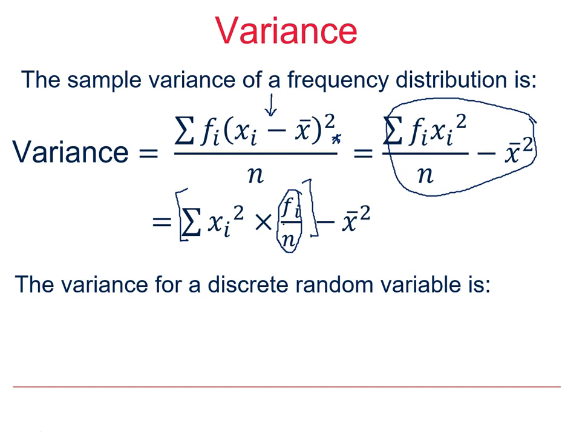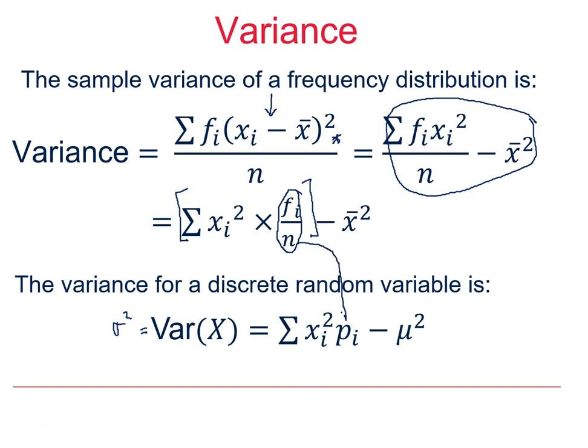So the variance for a discrete random variable when we have a probability distribution, and this actually will be the population variance, so we could use the sigma squared notation here. The variance is obtained by doing the sum of each outcome squared multiplied by the individual probability of that outcome minus the mean squared, or the expected value of x squared.